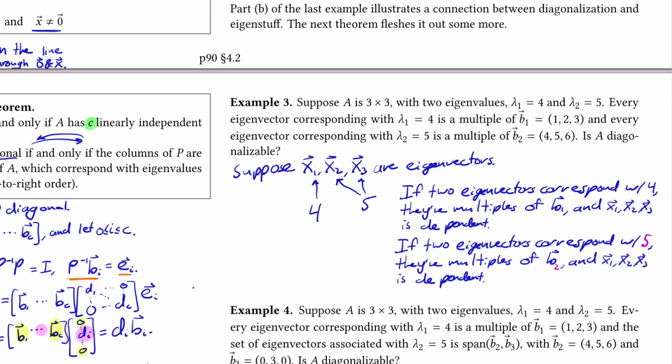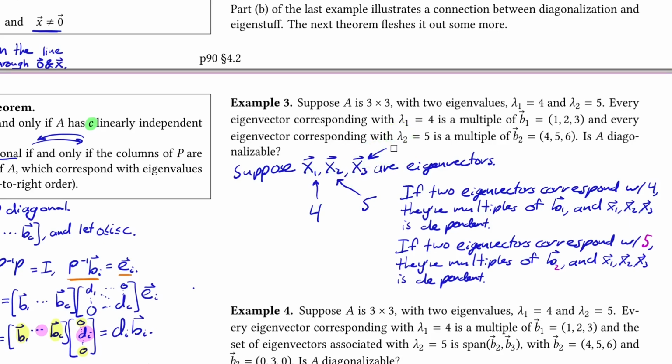So putting these two things together, it must be one or the other. Either 2 of the eigenvectors correspond with 4 or 2 of them correspond with 5, but you can't have only one corresponding with 4 and one corresponding with 5 and then the other one corresponding with something else, because A only has 2 eigenvalues.